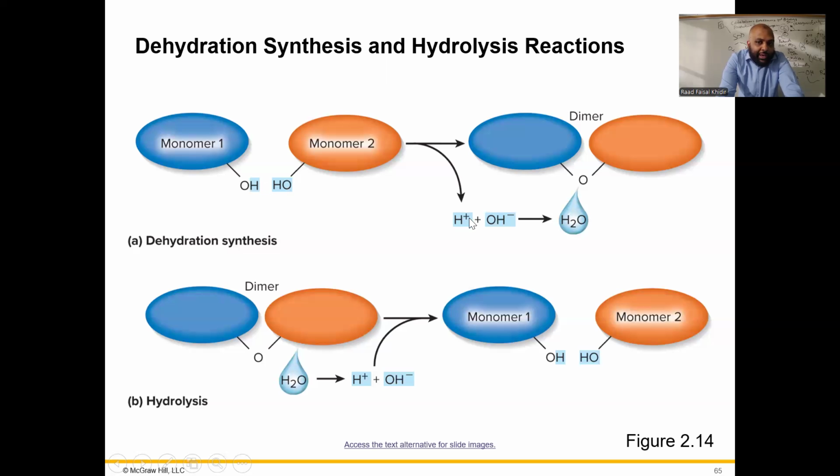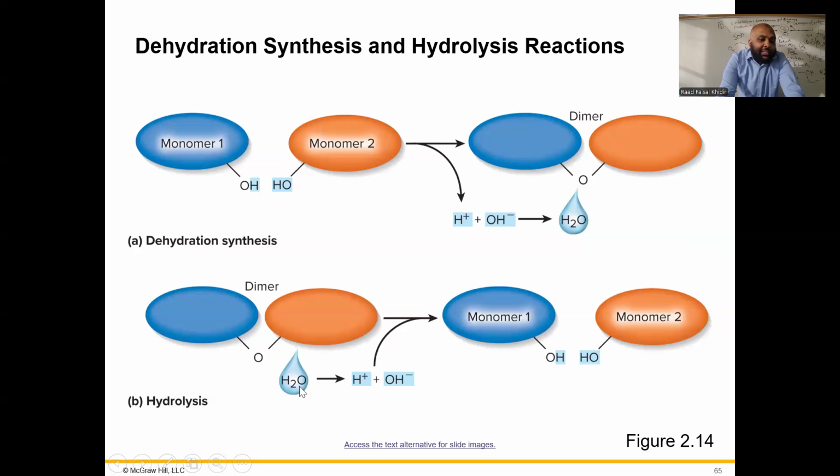Then a bond is made, and that's how we make dehydration synthesis. We synthesize by removing water. This one is really important. Which of the actions are mediated in dehydration synthesis? It is the removal of water. The removal of water gives us the dimerization.